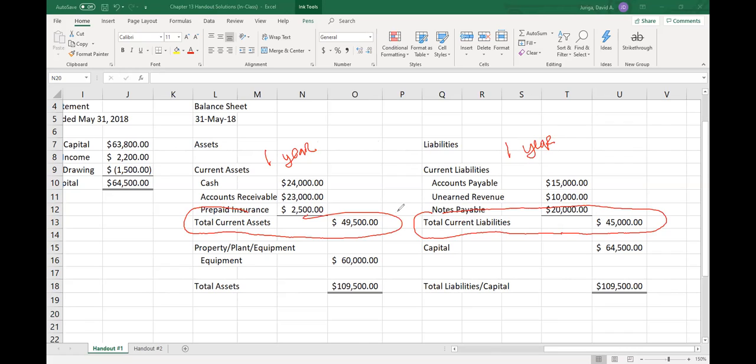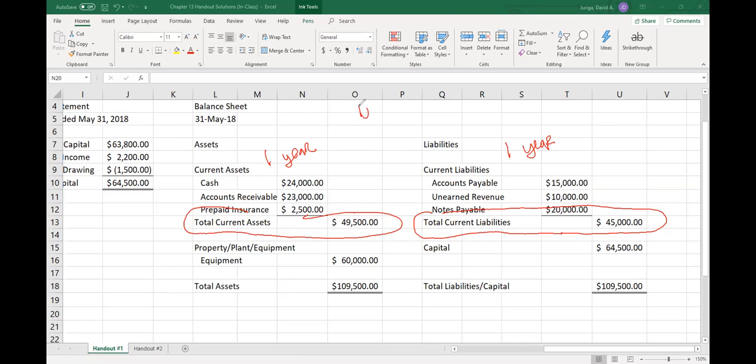We're matching them up. So at this point, if I were to ask, do we have enough current assets to pay our current liabilities? That's generally how you do it, because this is what's due right now. Just eyeballing it, I've got $49,500 of current assets and $45,000 of current liabilities. You always want your assets to be more than your liabilities. And you obviously say, well, yeah, you do have enough assets to pay them.